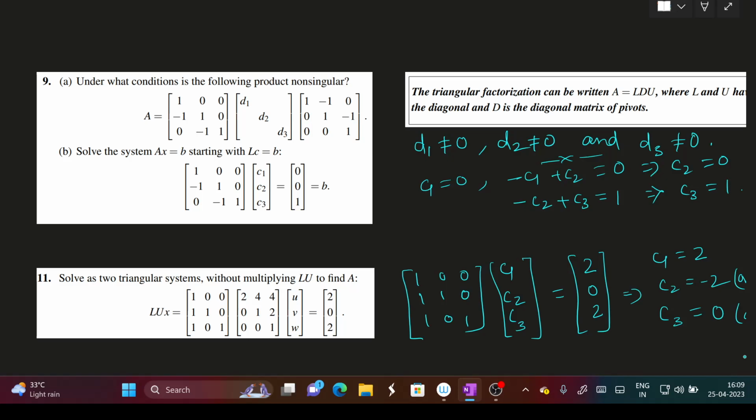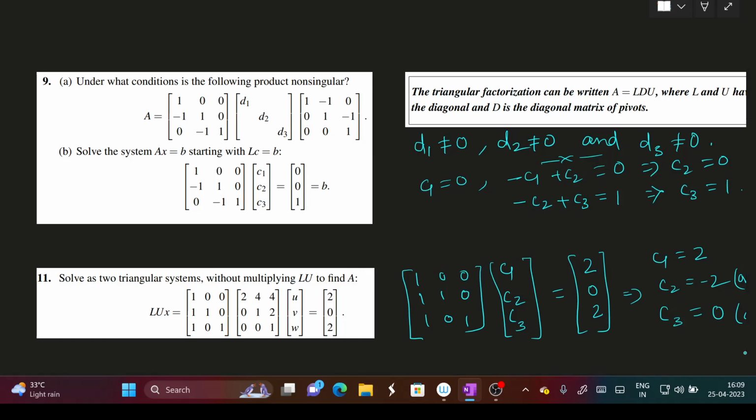Second question: solve the system AX = B starting with LC = B. Here L is given, and with the same matrix we do the same operation. L is multiplied with C, which gives 0, 0, 1, that is the B vector.